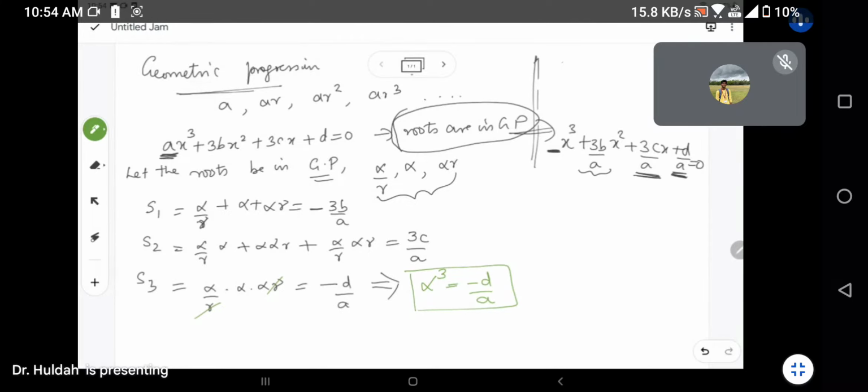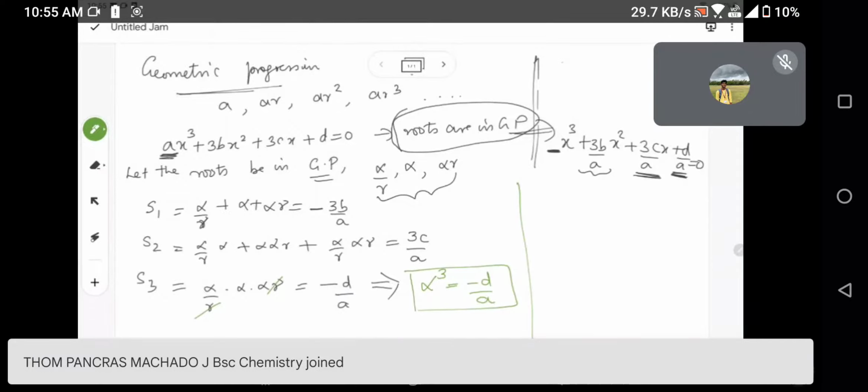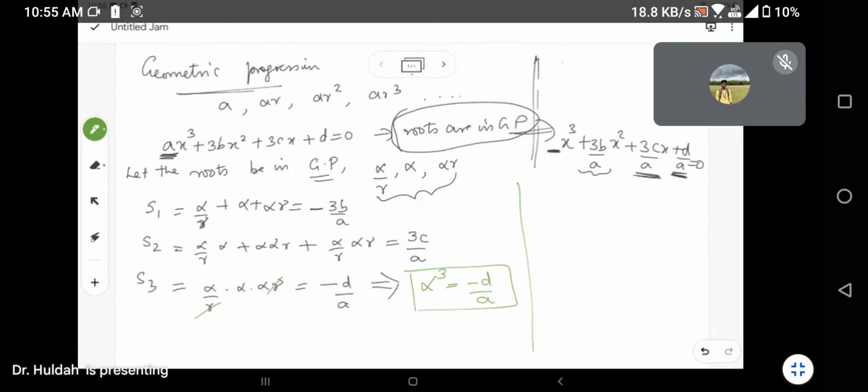Okay. Now you are asked to get a condition. So what we will do is just simply substitute this in either the first equation or the second equation and get a condition. That's all. Okay, we can even substitute in the equation.